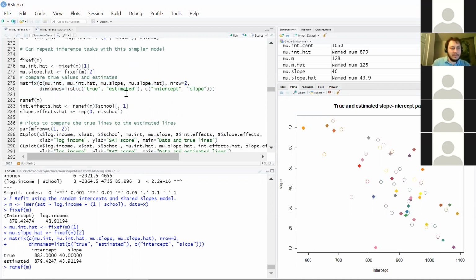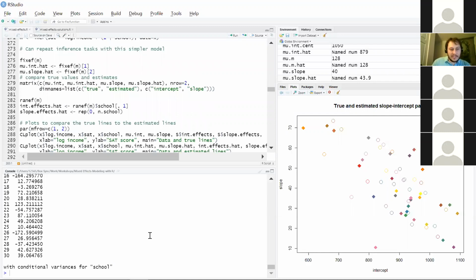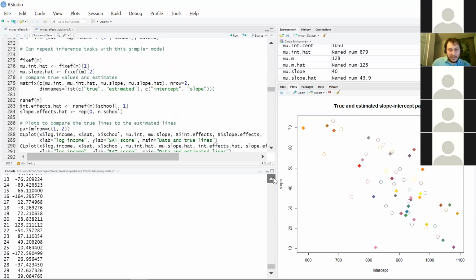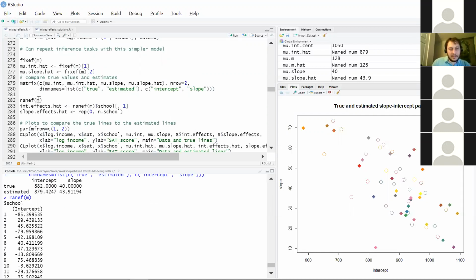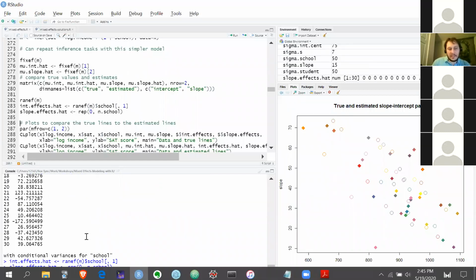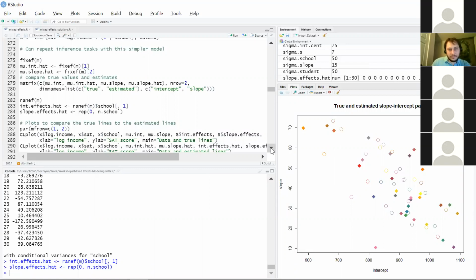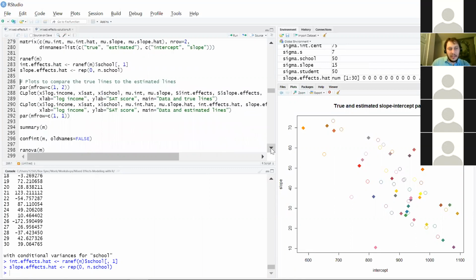All right, random effects. Every school has its own intercept effect in this case now, because this is the new model. We redid the fit, and we did not allow for different schools to have different slopes. We gave different intercepts. So here are the estimates, and you can compare the estimates to the true values, and you can make the plot.